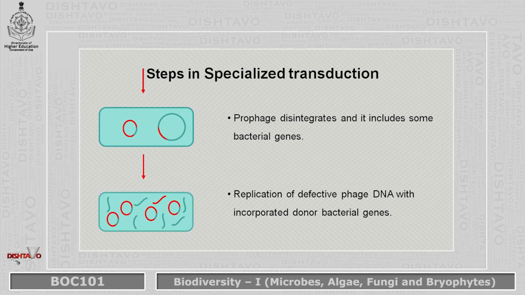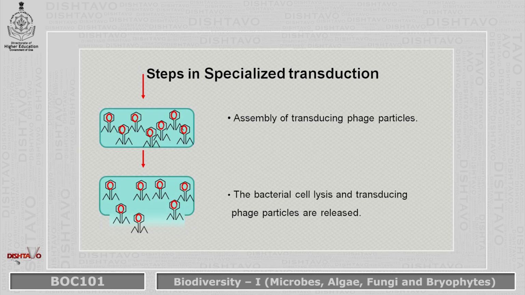This red part is called phage DNA, and this blue part is donor bacterial DNA. Then the virus particles start to assemble. Now at this stage, all the bacteriophages in the cell are transducing phage particles. These transducing phage particles have two types of DNA, that is phage DNA and bacterial DNA.